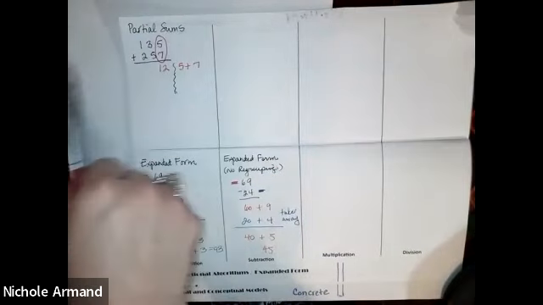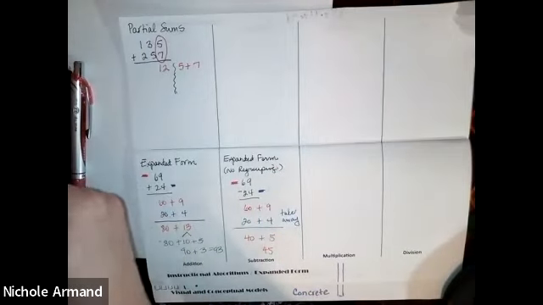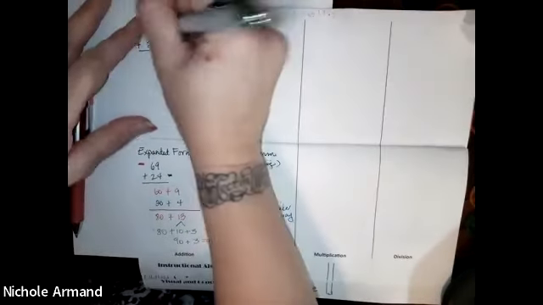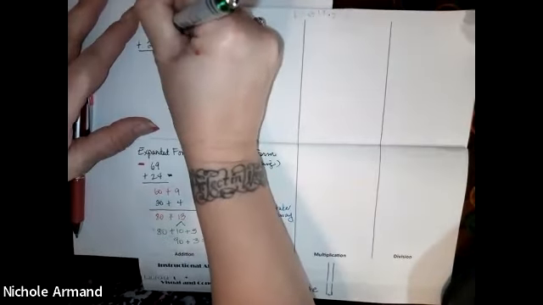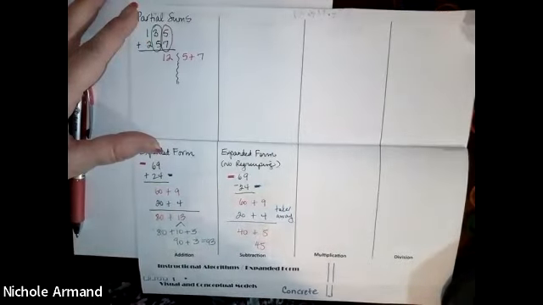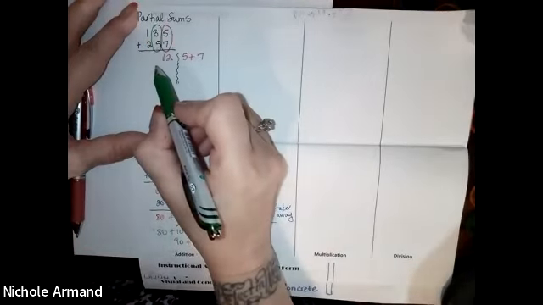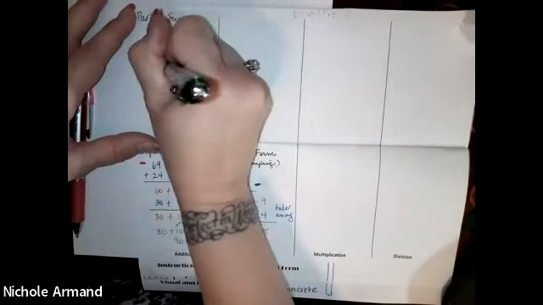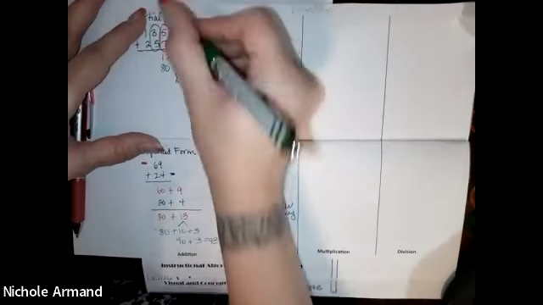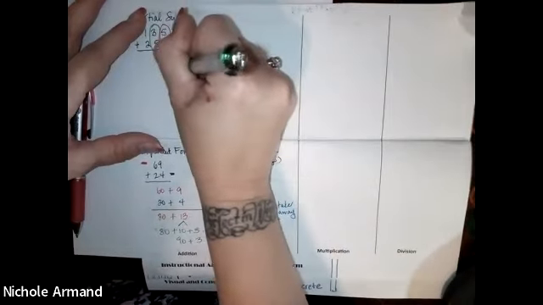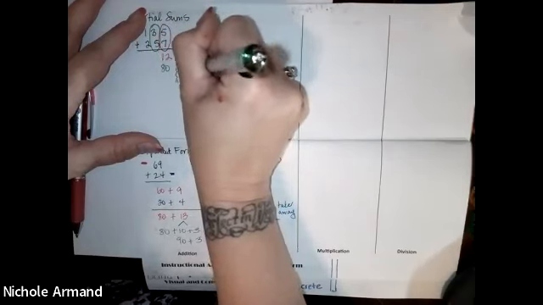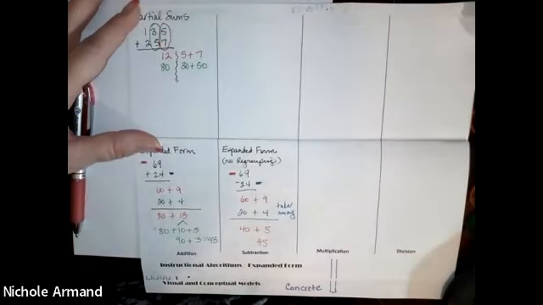And then we're going to take our 3 plus 5, and I'm using a different color, I'm using green. 3 plus 5, and we're going to write here that this is 80 because this is really 30 plus 50, right?